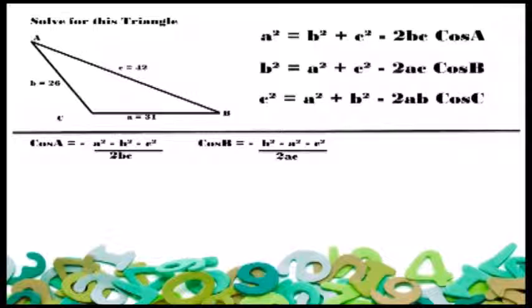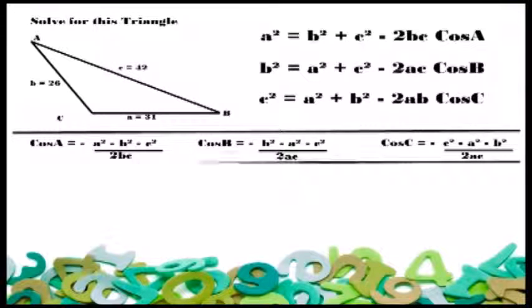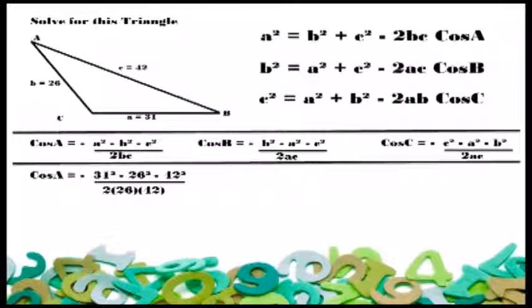For cosine B is equal to negative b squared minus a squared minus c squared all over 2ac. For cosine C is equal to negative c squared minus a squared minus b squared all over 2ab. Let's solve for angle A, so we will use the formula cosine A is equal to negative a squared minus b squared minus c squared all over 2bc.